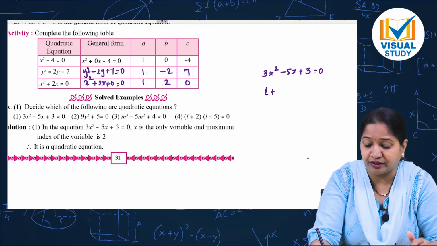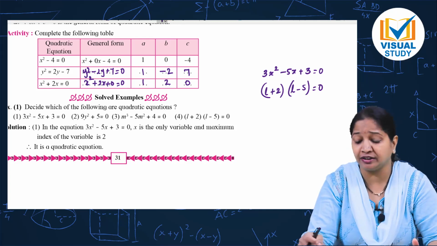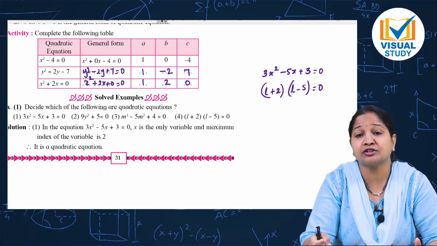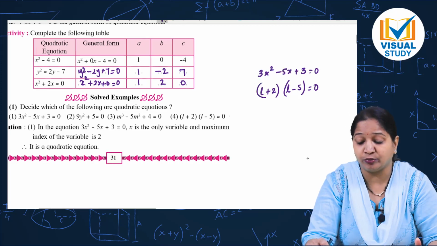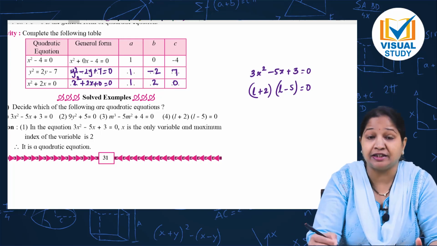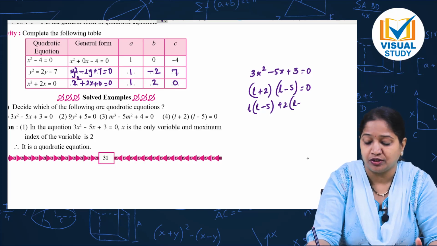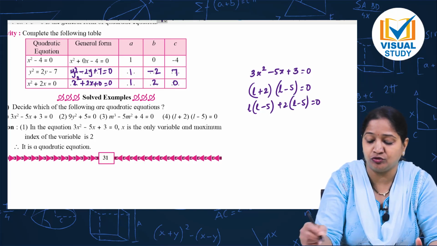If I give you one more example, l plus 2 and l minus 5. By seeing this equation, you might say we don't have a square of l, so it cannot be a quadratic equation. But by simplifying, we can see whether it is quadratic or not. l into l minus 5 plus 2 into l minus 5 equal to 0.